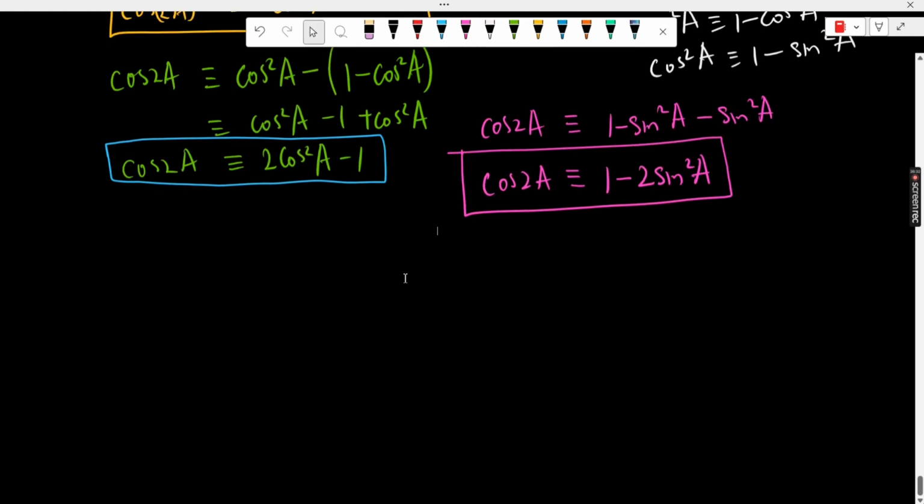So once again, we start off with the compound angle identity.